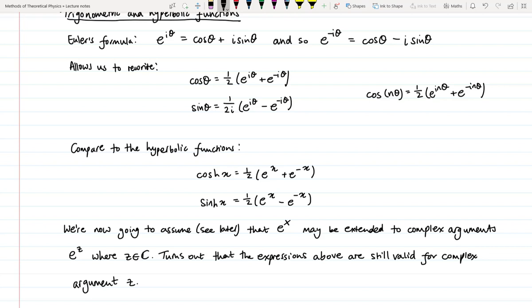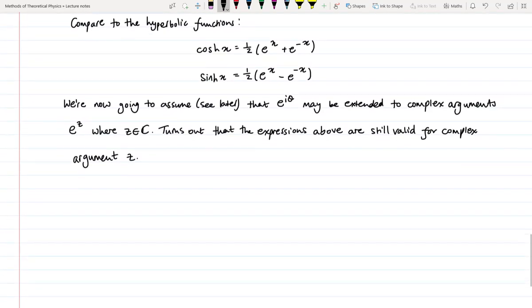And to give you an idea of why we're allowed to extend to complex arguments for these trigonometric, hyperbolic, and exponential functions, it turns out that the power series expansions of these functions that we talked about in the previous part for sine and cos still hold for complex argument z.